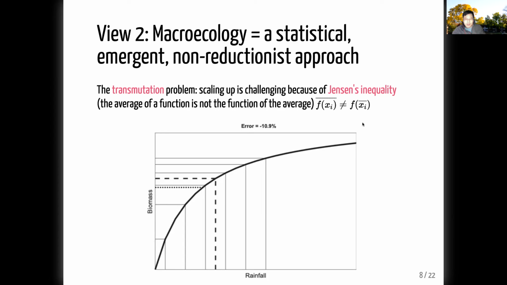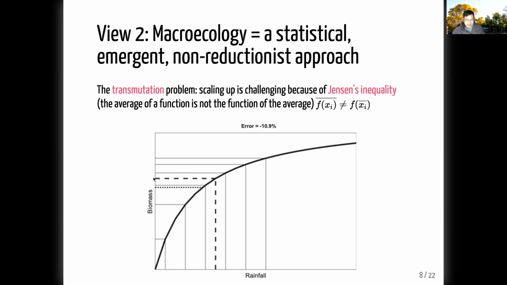But this is not going to equal f of x_i bar. What this means is that we take the average of x1 to x6. This vertical dashed line represents x_i bar, the average of x1 to x6. And then what is f of x_i bar? It's going to be here, this horizontal dashed line.